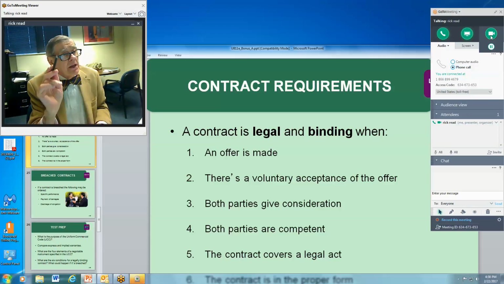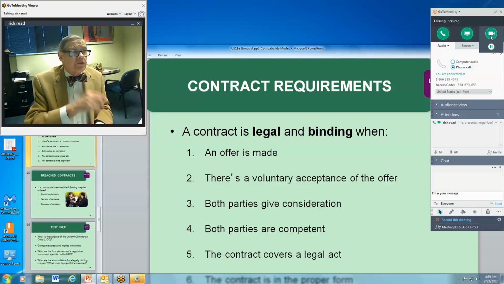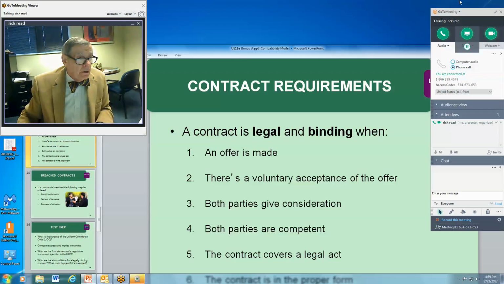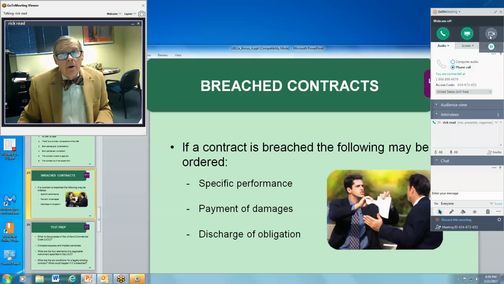And finally, the contract is in the proper form. So notice in your textbook, if you're trying to sell something to another party and it has a value of $500 or more, that has to be in writing.